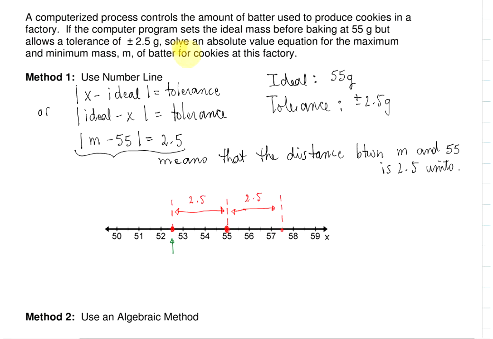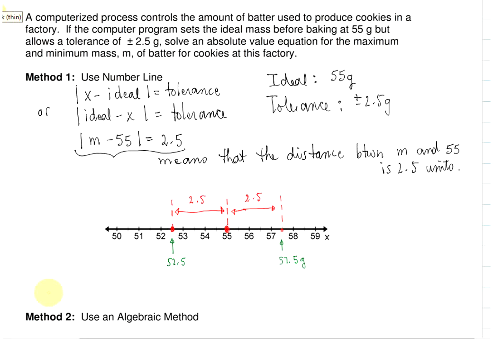Okay, so you can see that if we wanted to take a look at the possible masses for our cookies, it can be anywhere in between 52.5 grams and 57.5 grams.